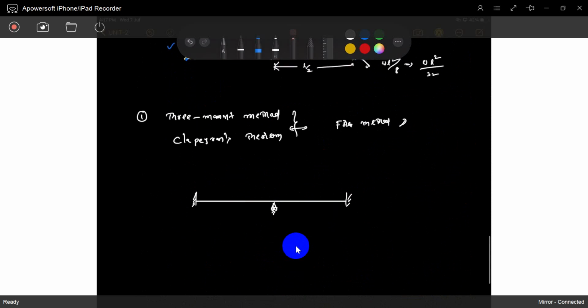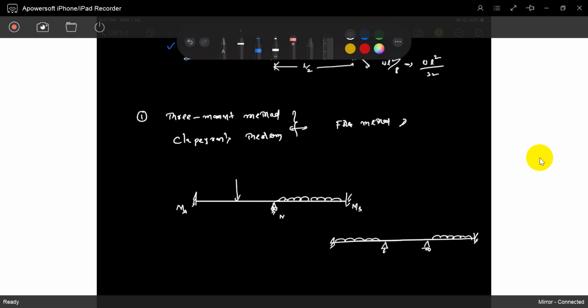Some arbitrary loading is there. See, it has the moments MA, MB and MC. If you find the moments, later you can easily calculate the reactions. The indeterminacy we take as the moments.